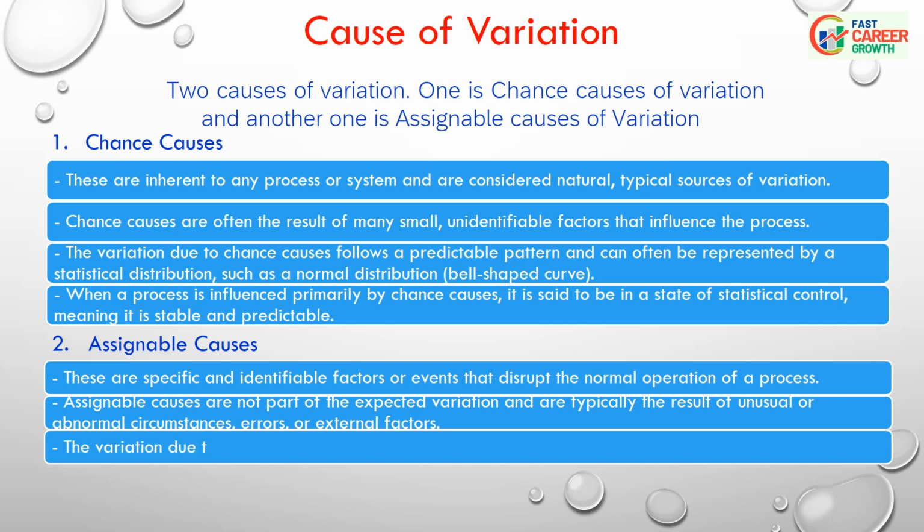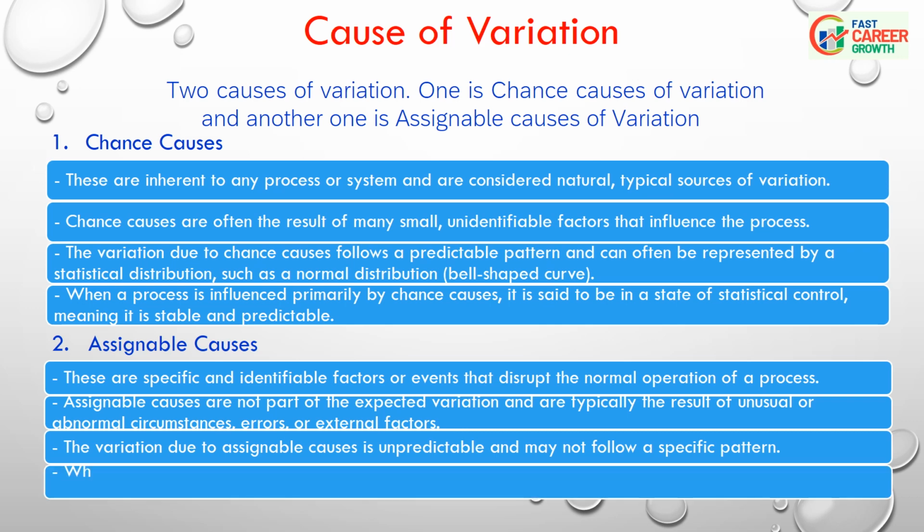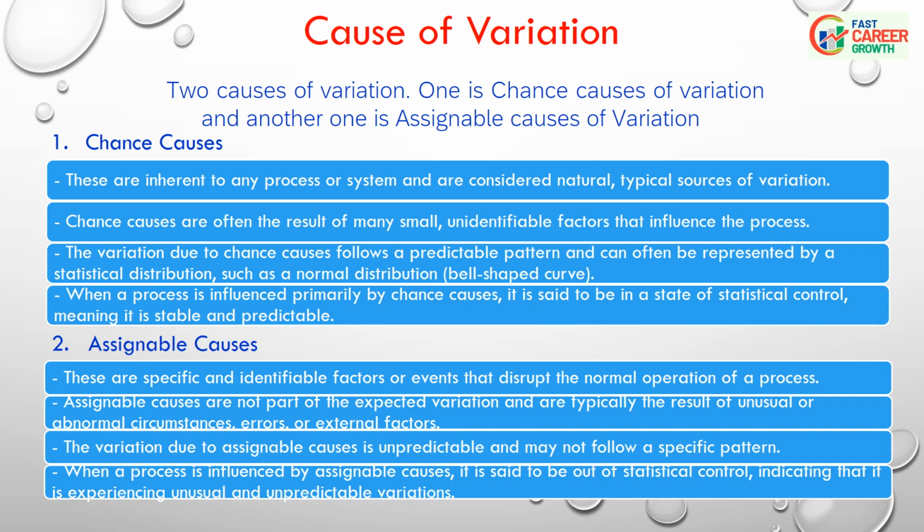The variation due to assignable causes is unpredictable and may not follow a specific pattern. When a process is influenced by assignable causes, it is said to be out of statistical control, indicating that it is experiencing unusual and unpredictable variations.